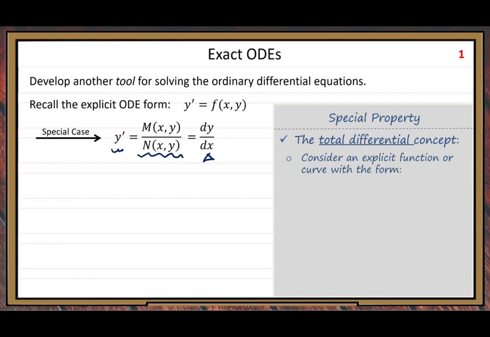So let's consider a function or curve with the form u of x, y equals constant c. If we write a function or curve this way, we can draw a curve on the plane. In this way, we call it an implicit function.